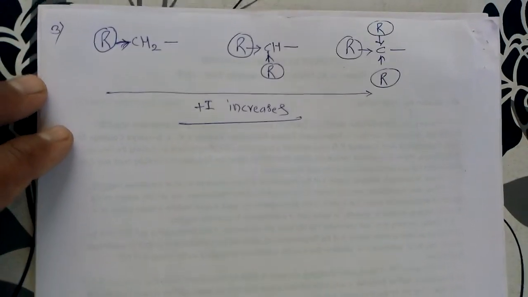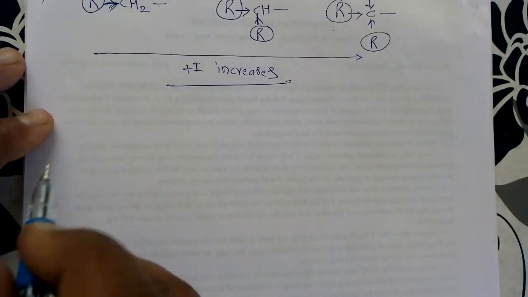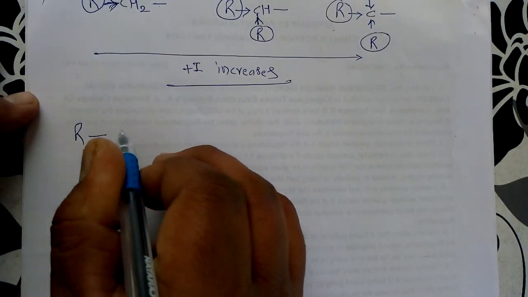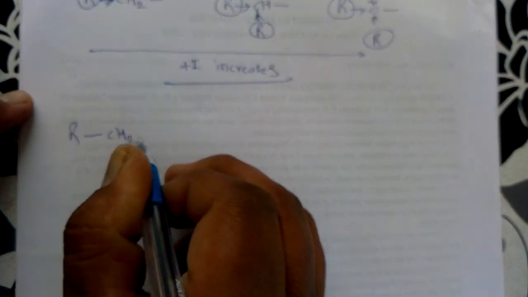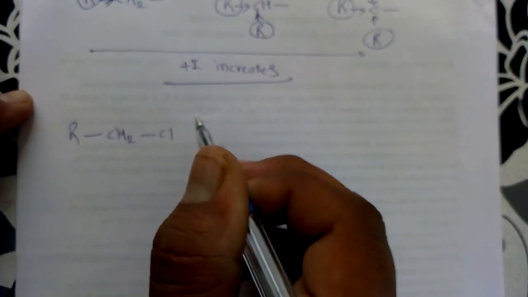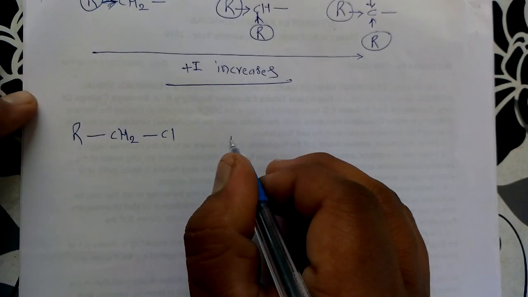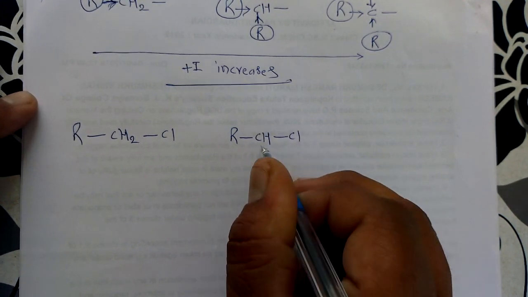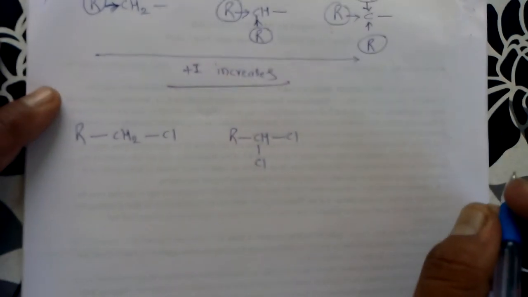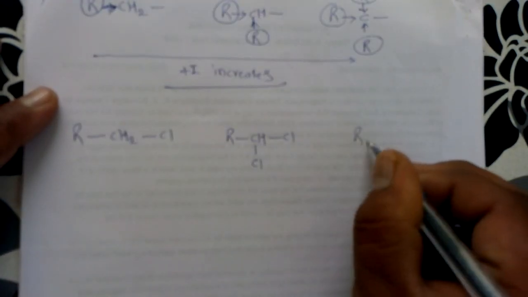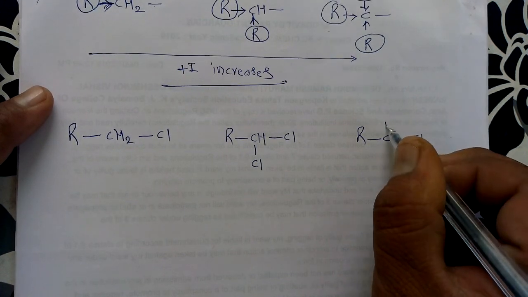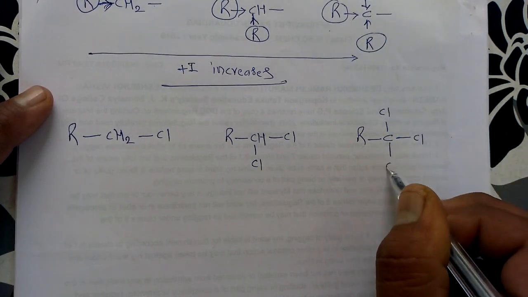On the other hand, if we take the minus I inductive effect, suppose I take this type of molecules: R single bond CH2 single bond Cl, then the second compound I take here is R single bond CH single bond Cl, with another Cl, and the third compound is R single bond C single bond Cl, with this Cl also, and this is a Cl.